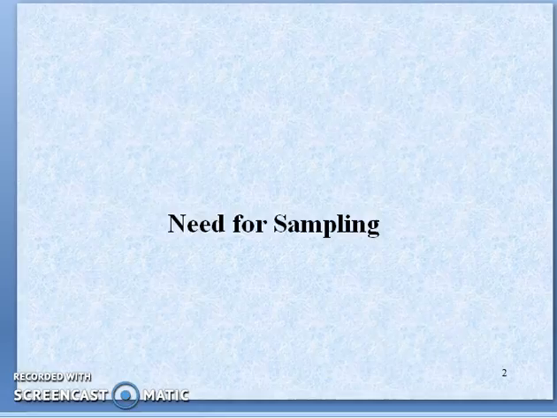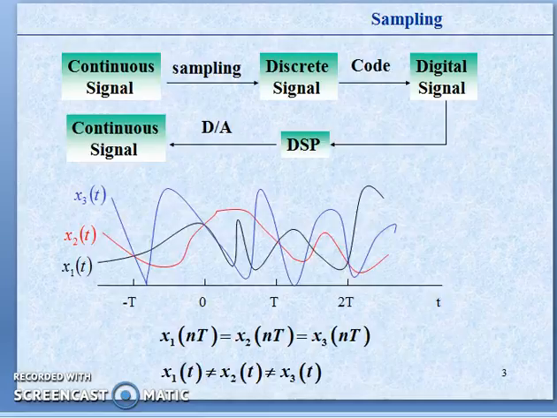So we require a technique where we can convert an analog signal to digital, and one of the steps in that is called sampling, followed by quantization and encoding. Put together, it can be called an analog to digital converter. So in order to convert a continuous time signal to discrete, sampling is required.